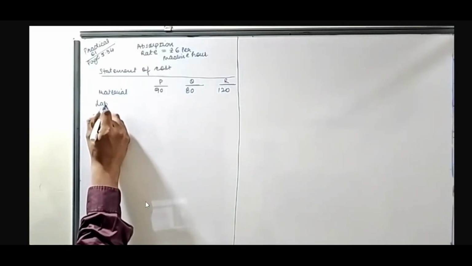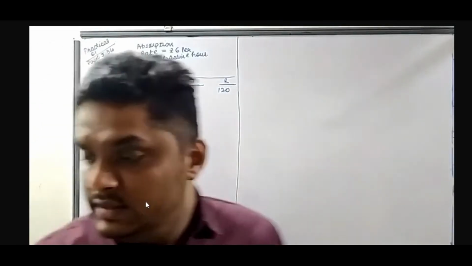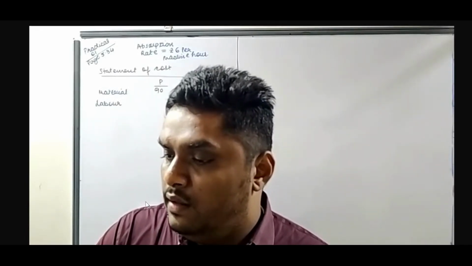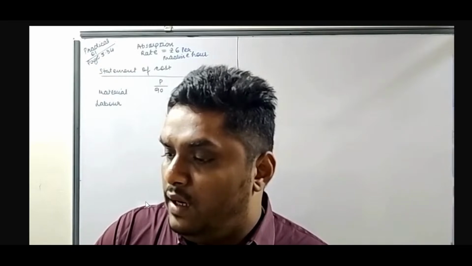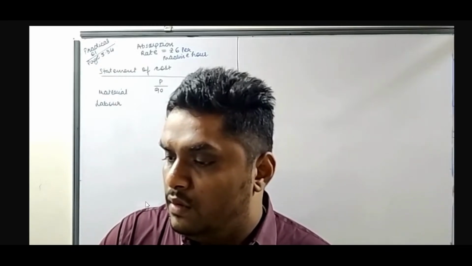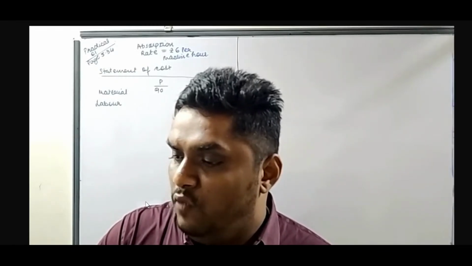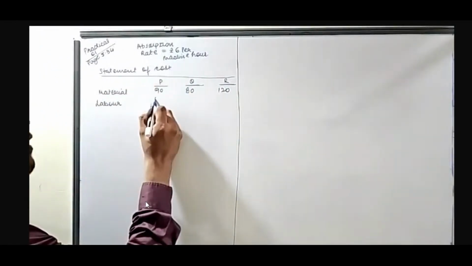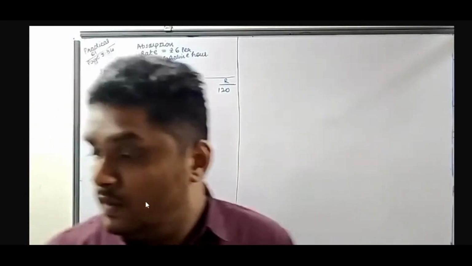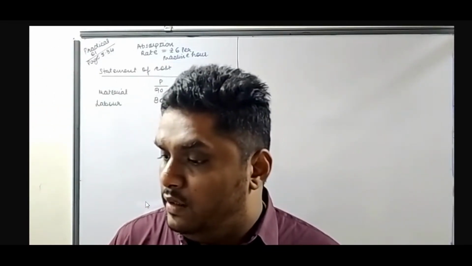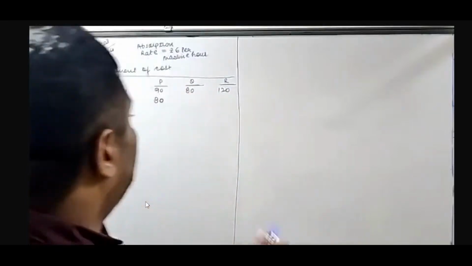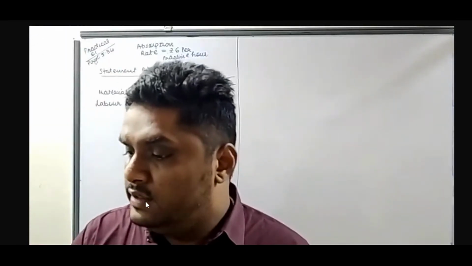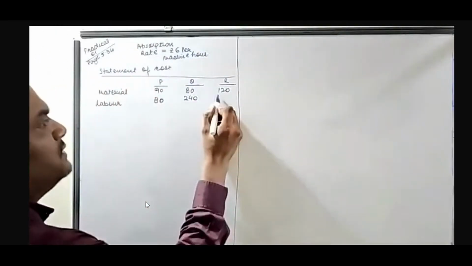When talking about the labor cost also, we can easily calculate. See, the wage rate is 20 per hour, and the labor hour per unit is 4 for P. So 4 into 20, that is 80. 12 into 20, that is 240. And for R, it is 8 into 20, that is 160.